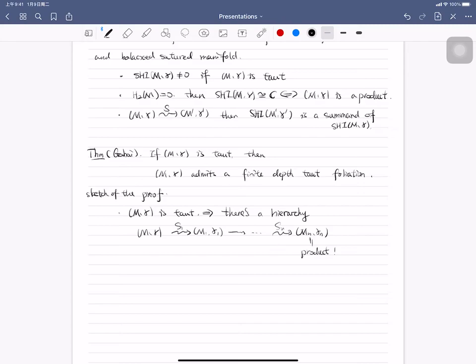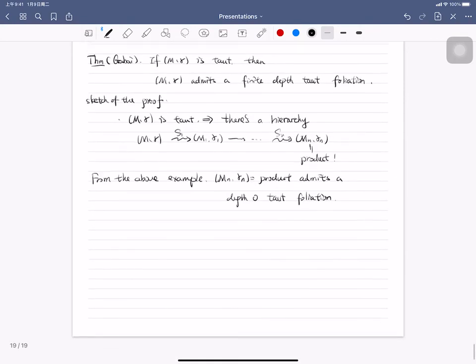And from the above example, the product suture manifold admits a 0 depth Taut foliation.